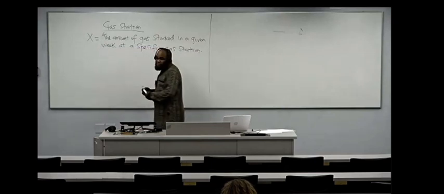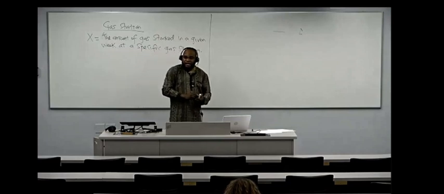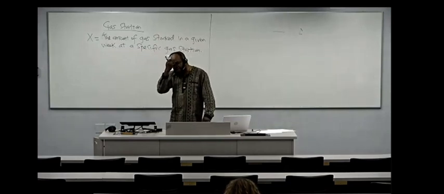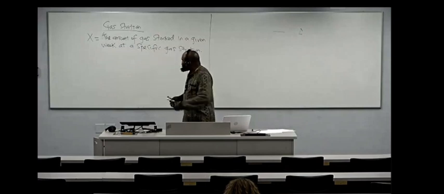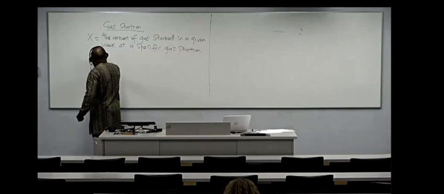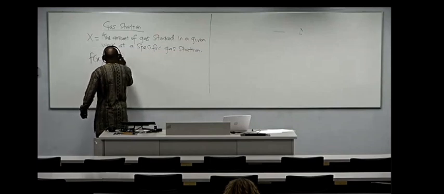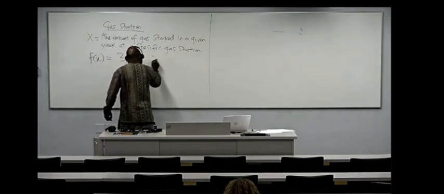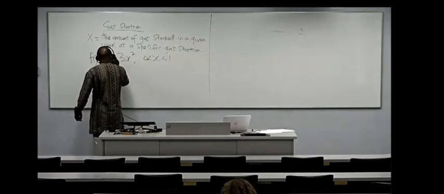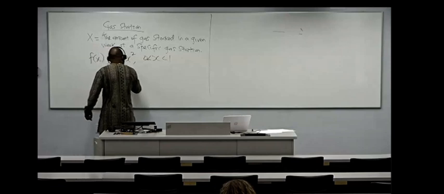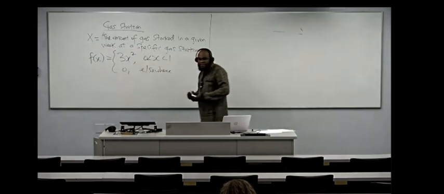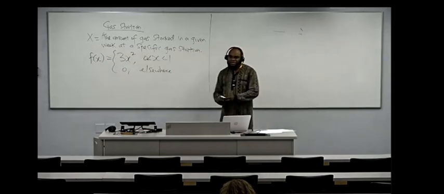Of course, they stock gas, right? They've got a storage tank where they stock the gas. Now, maybe the f of x is this, where x lies between 0 and 1, and 0 otherwise.